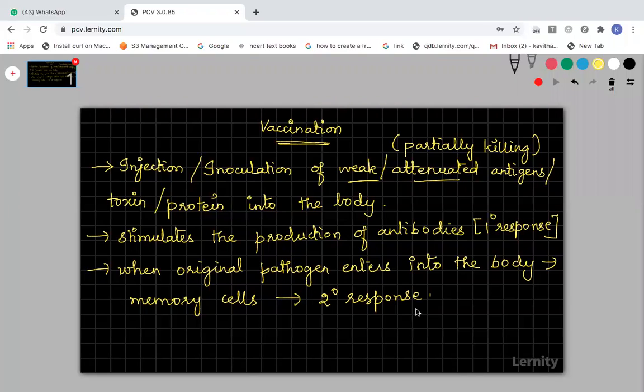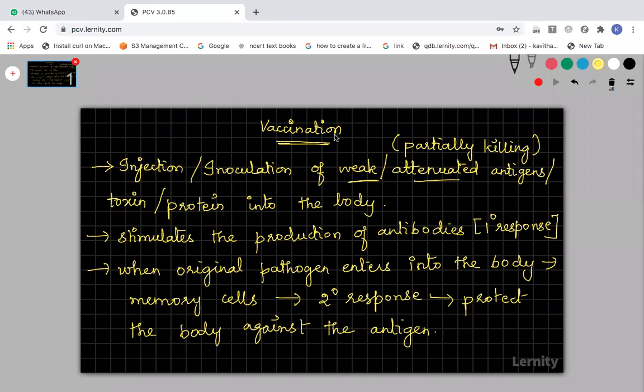This secondary response will be very strong, and a bulk amount of antibodies will be produced against the antigen, and it protects the body against the antigen or the disease causing organism. So this is the principle behind vaccination.